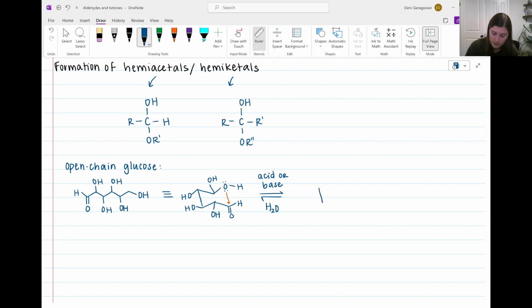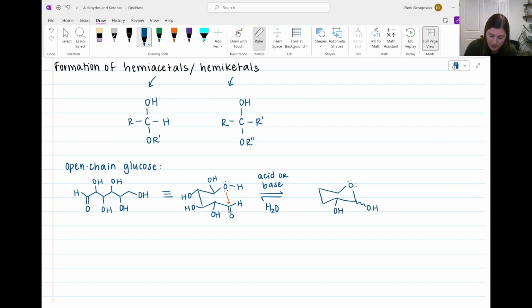So the cyclic form of glucose, we have a 6-membered ring. The oxygen at the end of the ring that was an OH group is now just an oxygen. It doesn't have a hydrogen bonded to it. The aldehyde oxygen becomes an OH, and this can be formed with different stereochemistry, axial or equatorial, so we're keeping it ambiguous with that squiggly line.